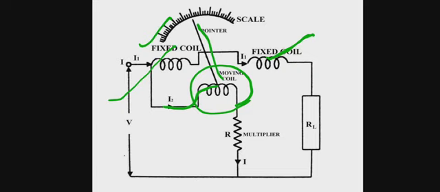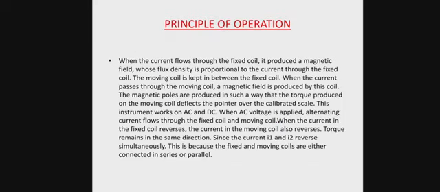The magnetic poles are produced in such a way that the torque produced on the moving coil deflects the pointer over the calibrated scale. This instrument works on DC and AC.